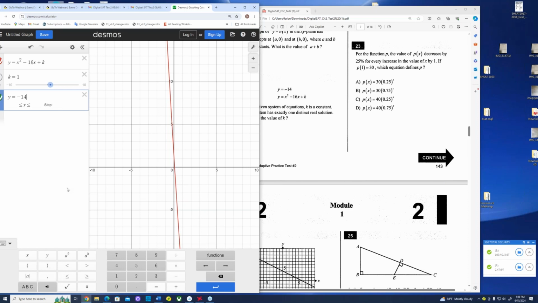Let me increase the step. So it's positive. Let's put here 70, bigger values. Let's say 0 here, and step 1.